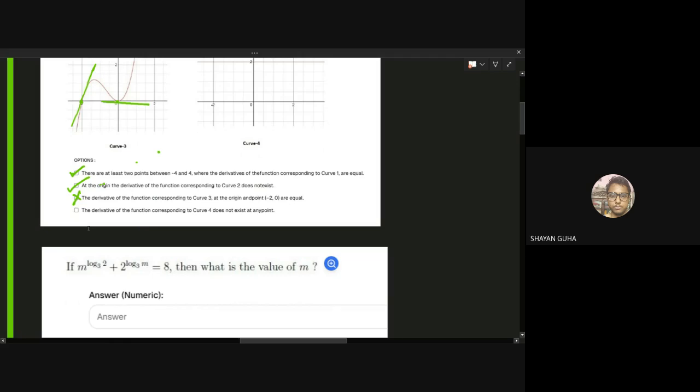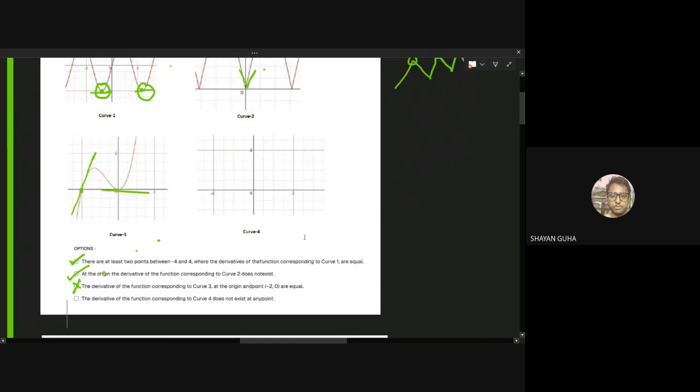The derivative of a function corresponding to curve 4 doesn't exist at the point. Now, honestly speaking, I myself can't see any curve. I have taken this question from a question paper. I don't know if they had given any curve here or not, but from the given figure I can't figure out where the curve is.